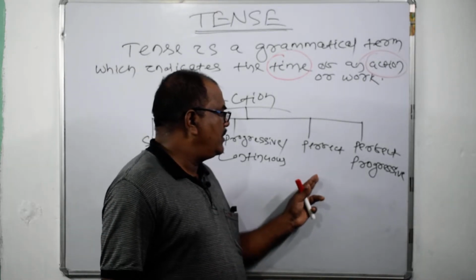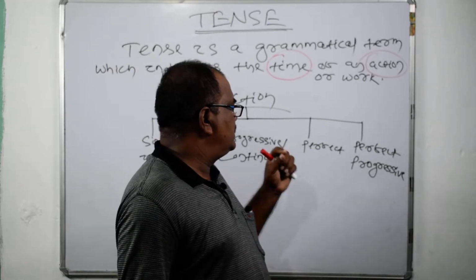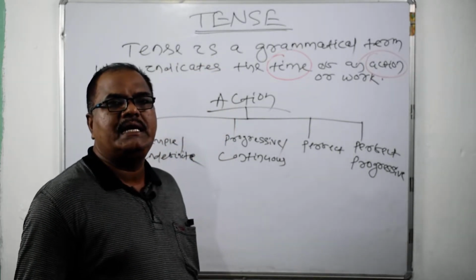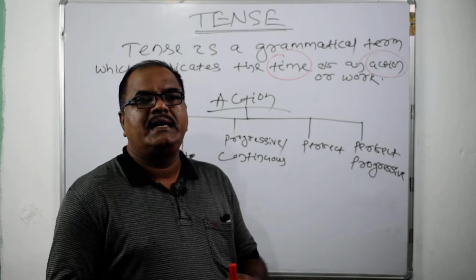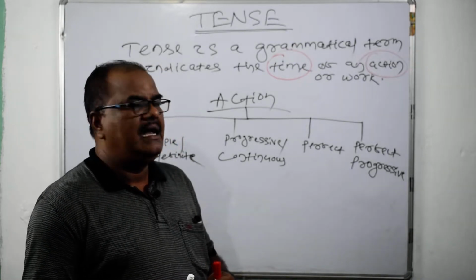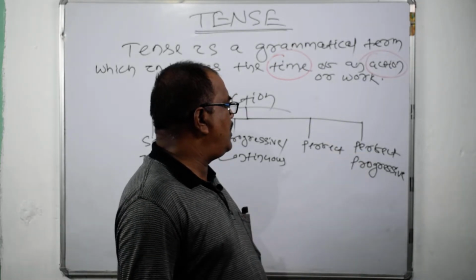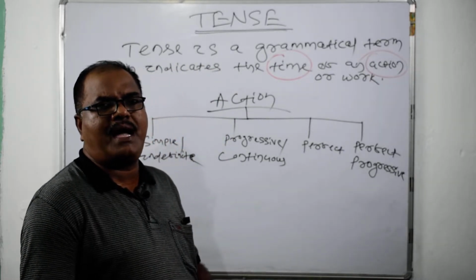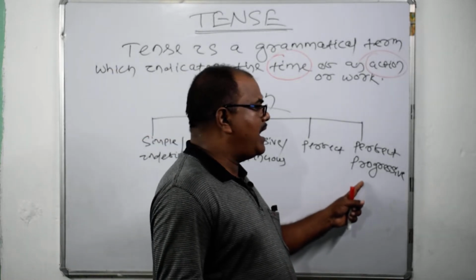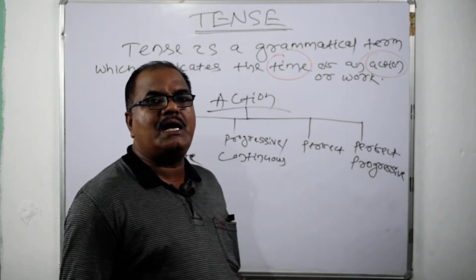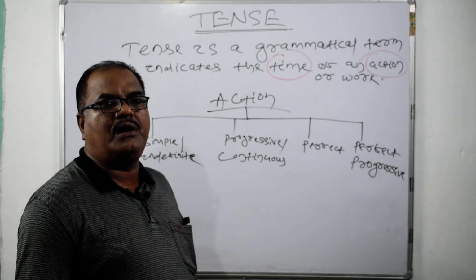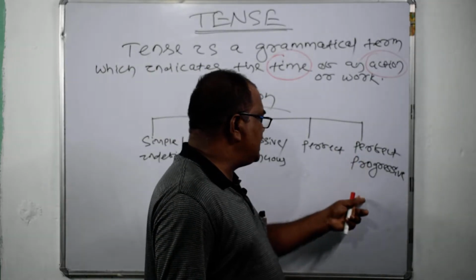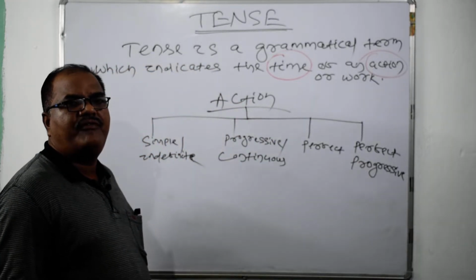Another action is the perfect action, the action that has already been completed 100%. And the last action is known as perfect progressive: the action started in the past, continued in the past and is likely to happen in the future. Such action comes under perfect progressive action.